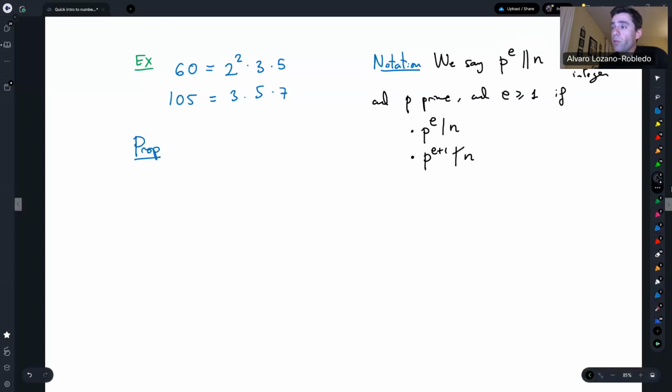And now what we can state, which I'm not going to prove either, is that we can come up with a formula for the GCD, knowing the factorization of the numbers.